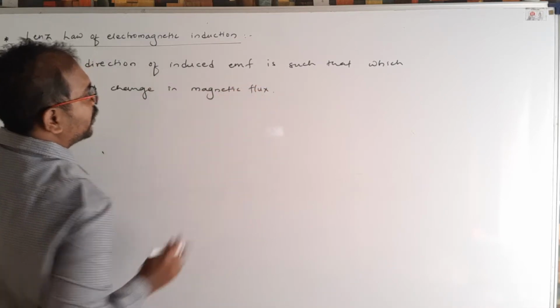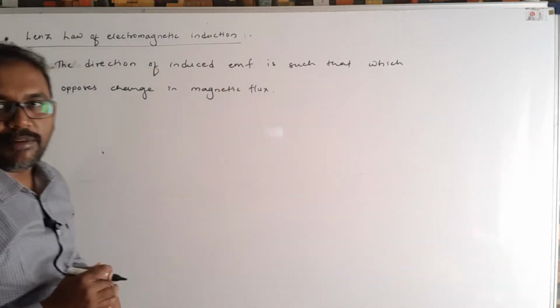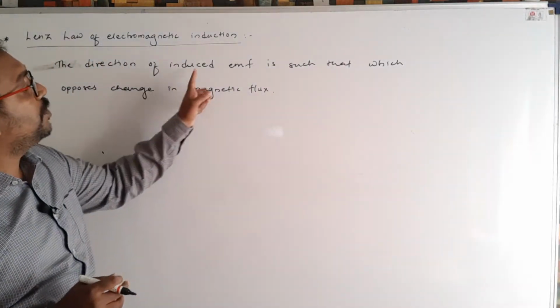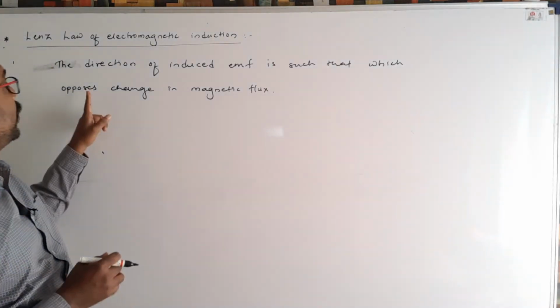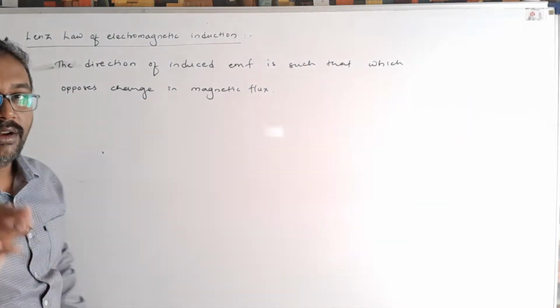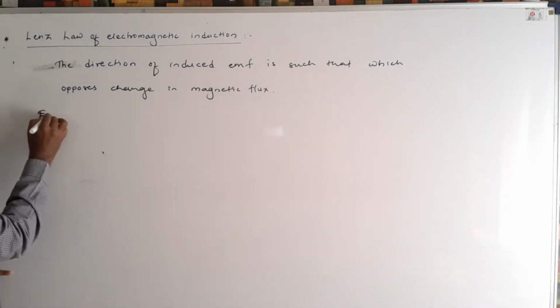So this is the statement. Now, how does this statement give us the direction? Let me explain it. The direction of induced EMF is such that it opposes the change in magnetic flux. Now let me explain this. So, explanation.